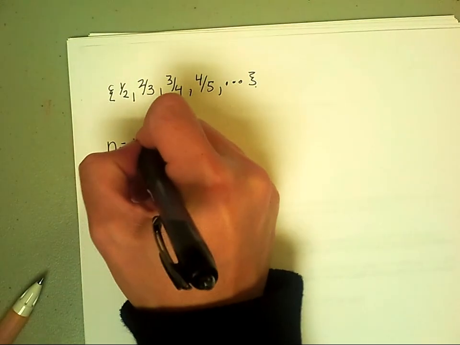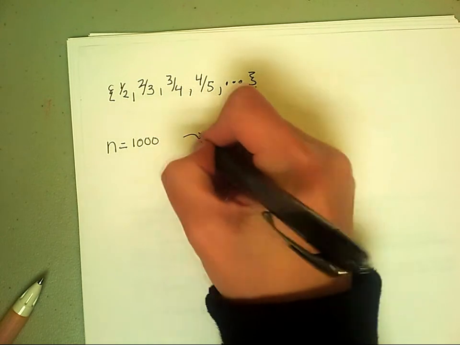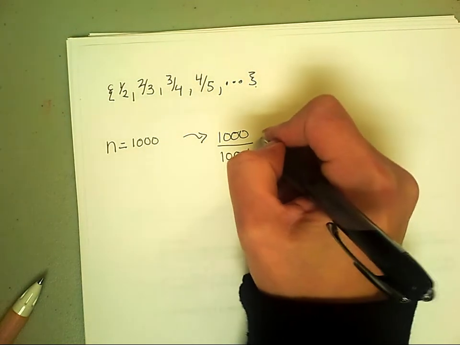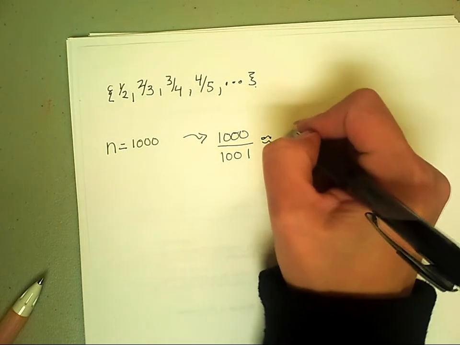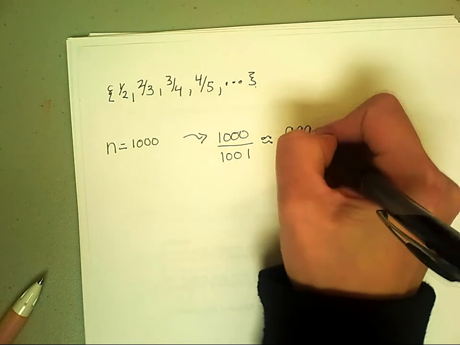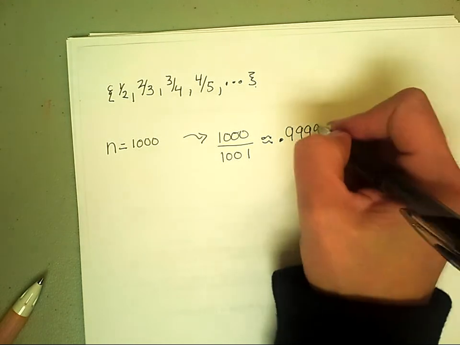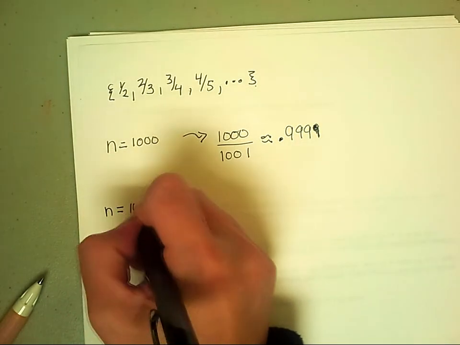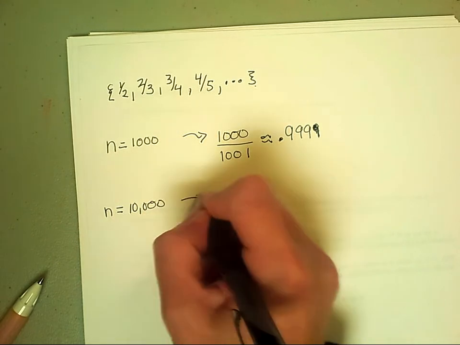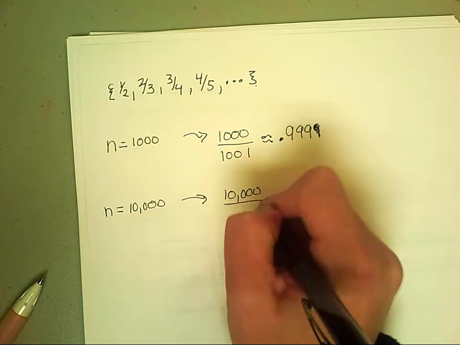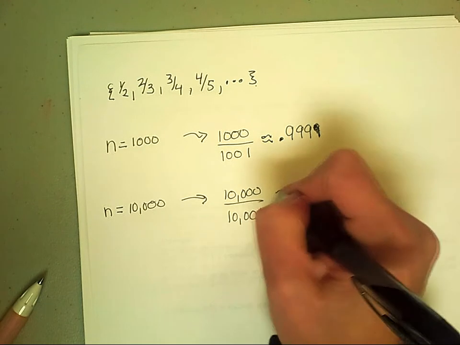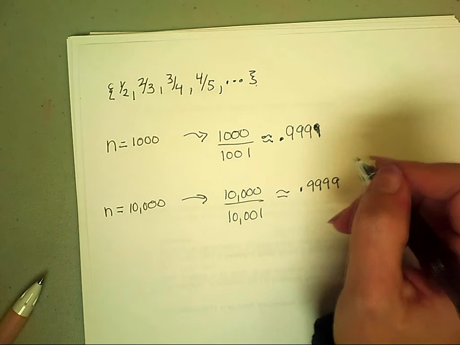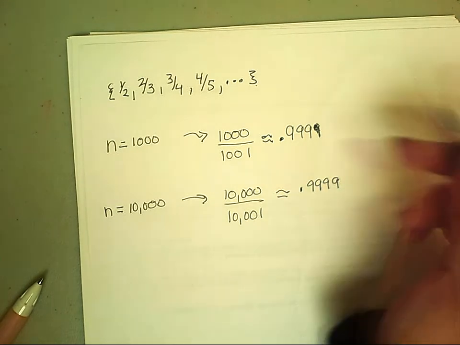If we let n equal 1,000, then the 1,000th term is 1,000 over 1,001, and this is really, really close to 1, it's 0.999 repeating. If we go to 10,000, then the 10,000th term is 10,000 over 10,001, and this is 0.9999. So we're getting really, really close.